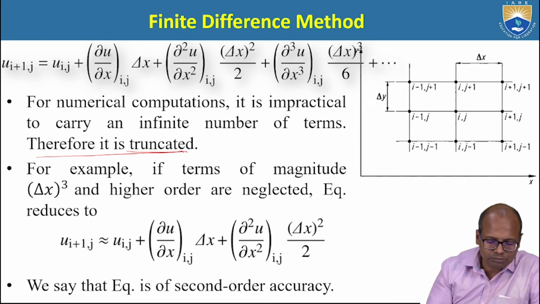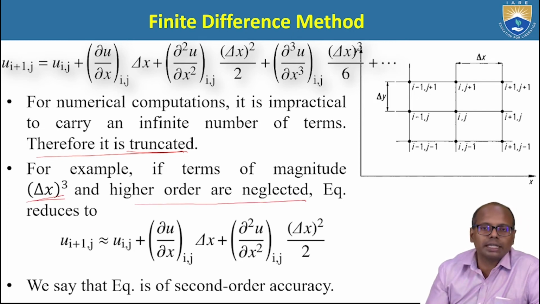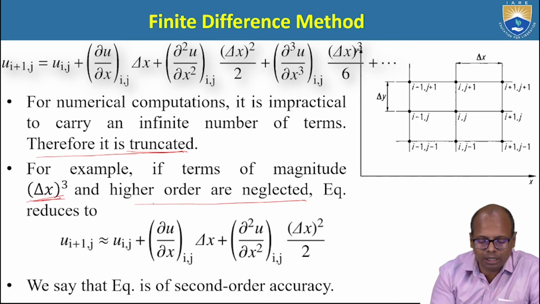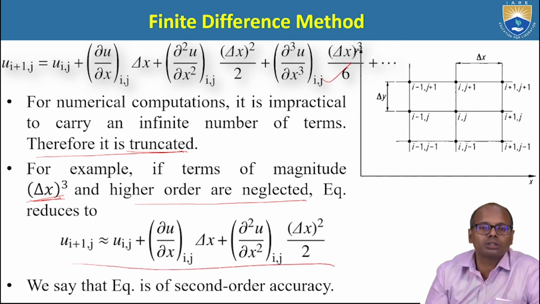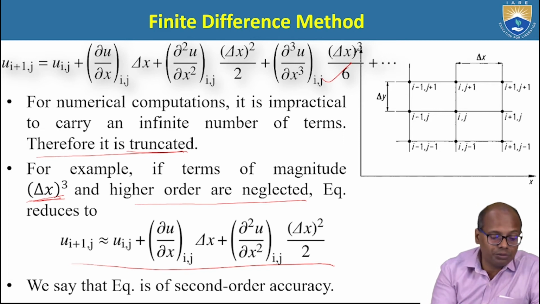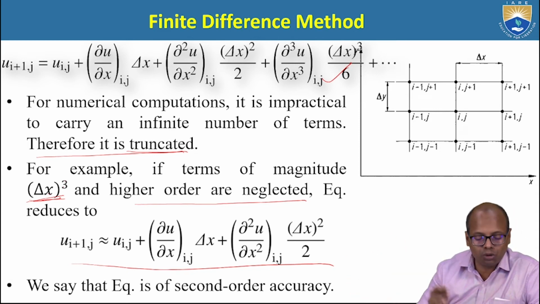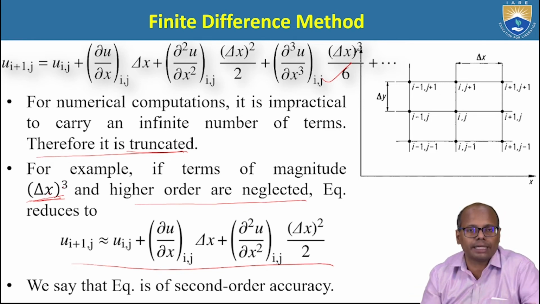Now in terms of magnitude, for example, higher order terms are neglected. Delta x power cube and higher order terms are neglected in the Taylor series, then this equation is obtained. Now, delta x cube terms are neglected, so the equation is second order accurate.